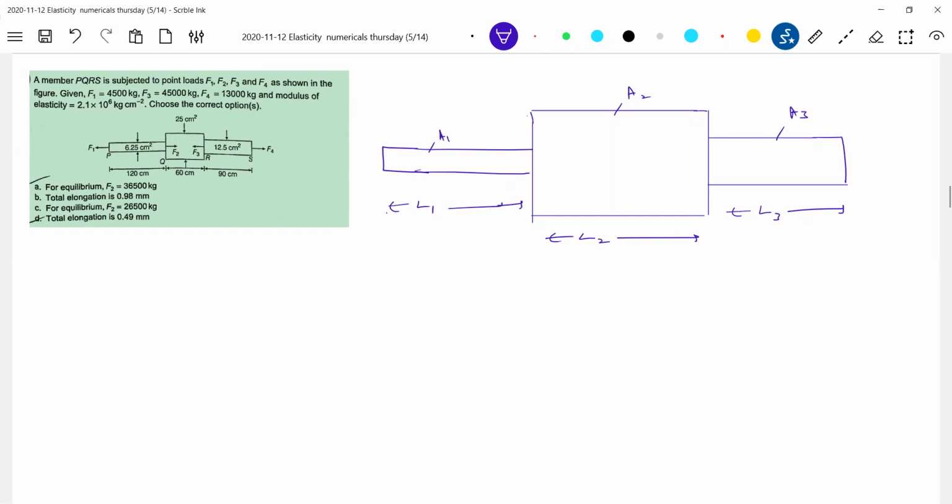Any idea about the leather industry? In the leather industry, what will happen? We have to stretch the leather. So what is the method? We will take a nail, here one nail, here one nail, nails are put. Then I'll tie a rope to the nail and that nail will be pulled. As you pull that nail, what happens? This particular structure will get stretched. The leather will be stretched by using this method. After stretching, what will happen? They'll do stitches and it will remain firm. There's a method to this. Okay, let's not bother, just a plain diagram is given for us.